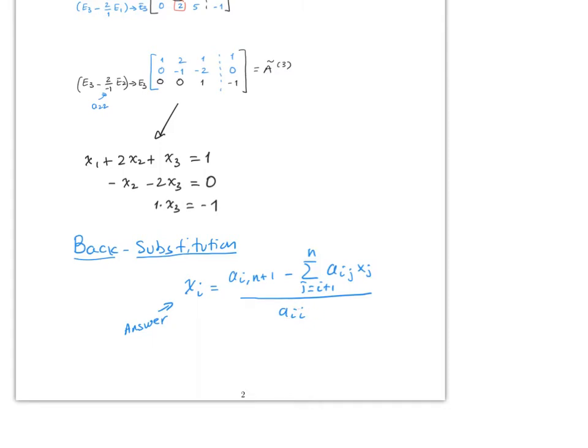And this obviously is true for i equals 1, 2, all the way to n. Remember that this is called reduced or triangular form. Clearly, it looks like a triangle.